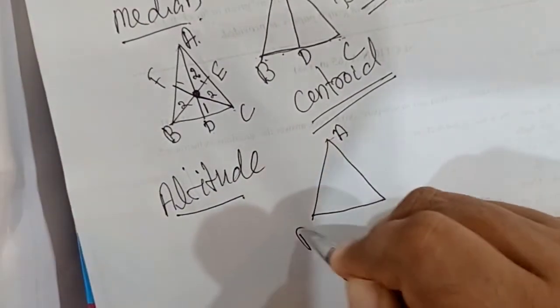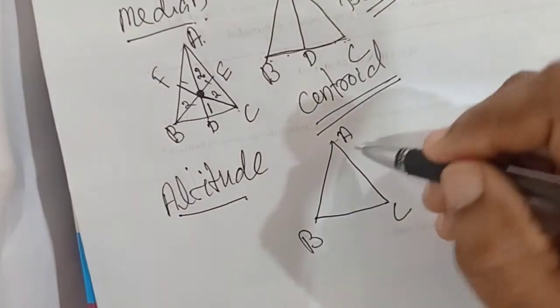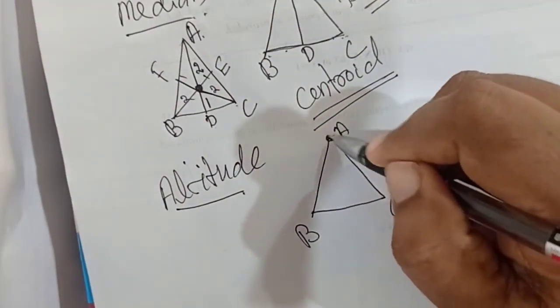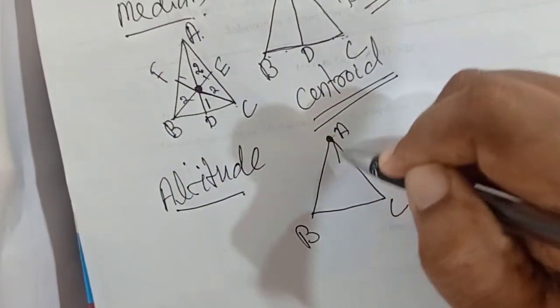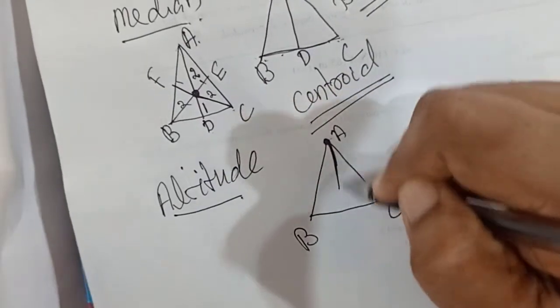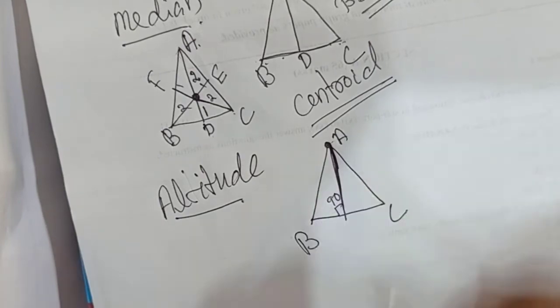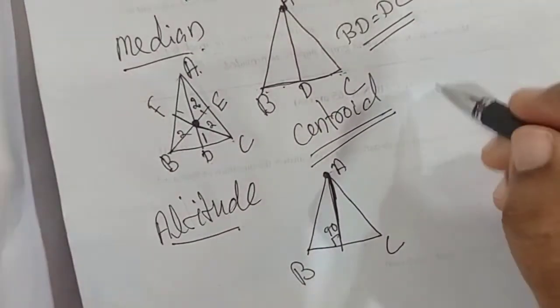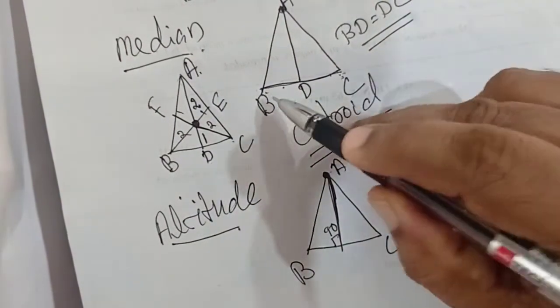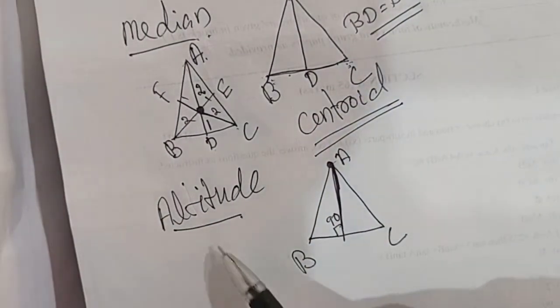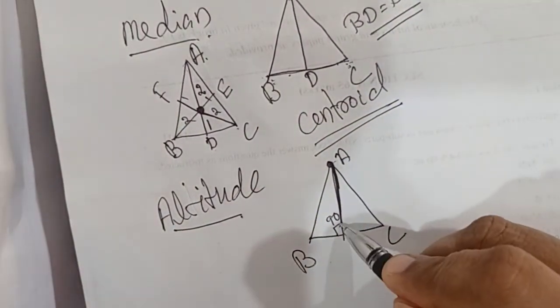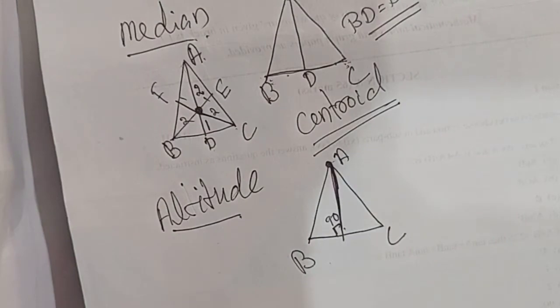If you want to draw the altitude from the vertex A, we draw a perpendicular. Altitude means here the angle is 90 degrees. Median means it just divides the base, BD equal to DC. But the altitude means that angle is 90 degrees.